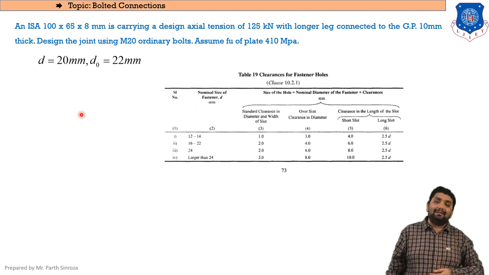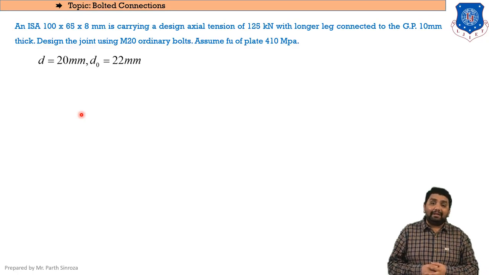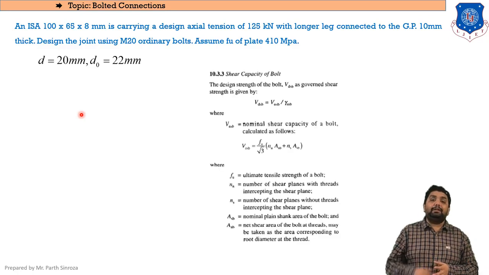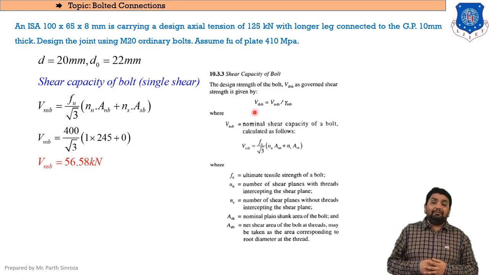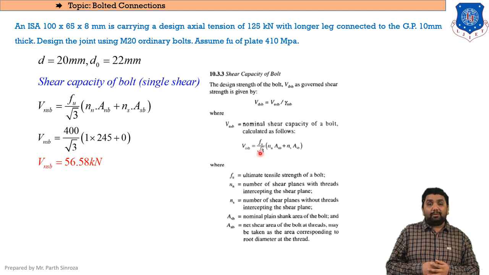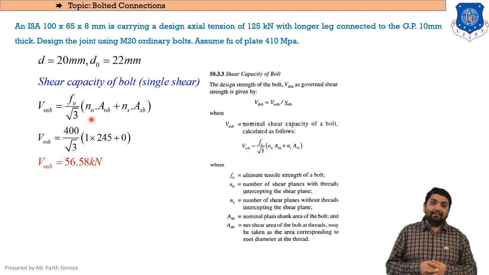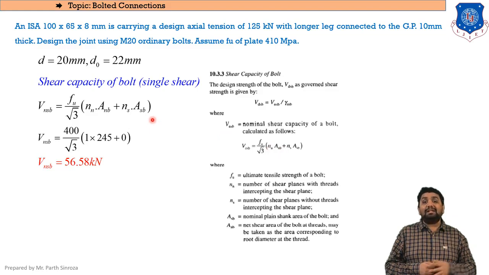Now we will be starting our sum, and the first thing we will be calculating is the shear capacity of bolt. For that you will be referring again to the same clauses that we discussed earlier. So we'll be calculating first VNSB, and for that the equation is Fu by root 3 (nn Anb + ns Asb). Here as you can see, the bolts are in single shear, so nn will be equal to 1.